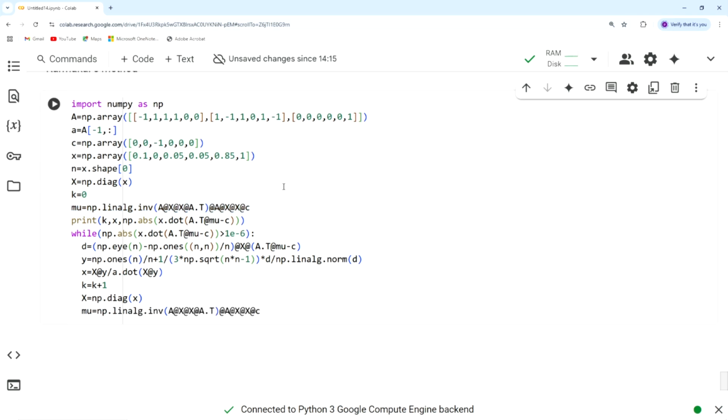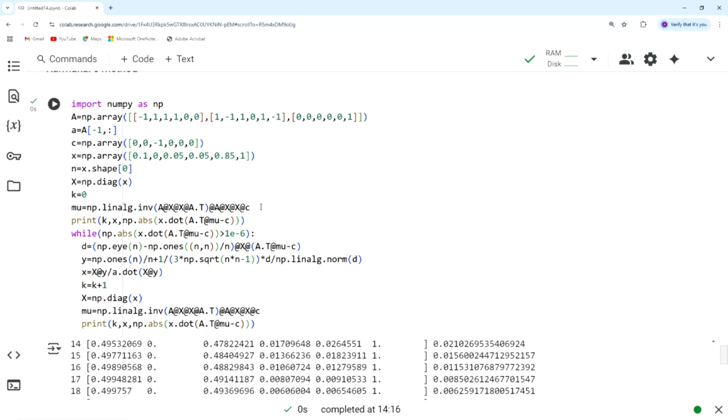And again we will print the usual values k, x and the absolute value of x dot A transpose mu minus c. So, we have replicated all the steps. Let us see if it works.